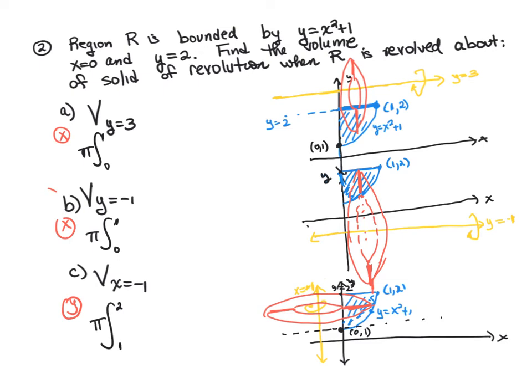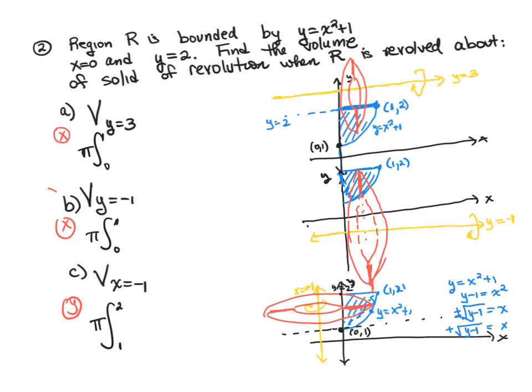All right, let's start. For the last one, we have to solve for x. So if y equals x squared plus 1, we subtract 1, and here we would have to say the positive or negative square root of y minus 1. But of course, it's on the positive side, so we'll just take the positive square root. Now let's set up our integrals.